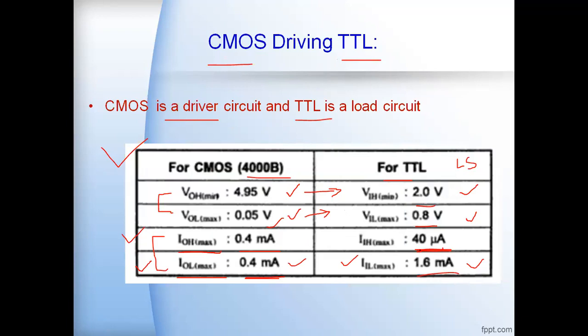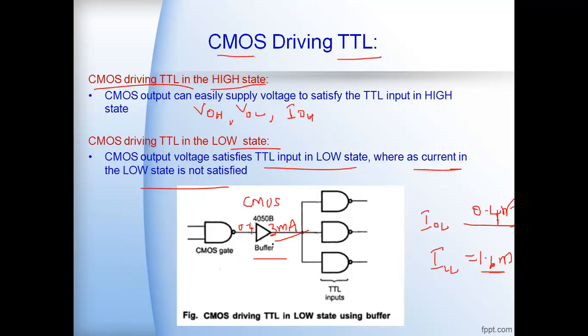The required current is 1.56 at TTL, but the available current is only 0.4 milliampere, which is insufficient. So we are using the buffer here. This buffer raises the current levels so that the TTL inputs can easily handle it. This is CMOS driving the TTL.